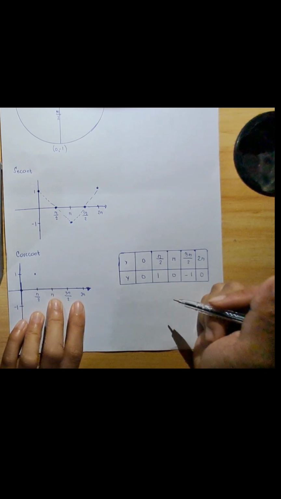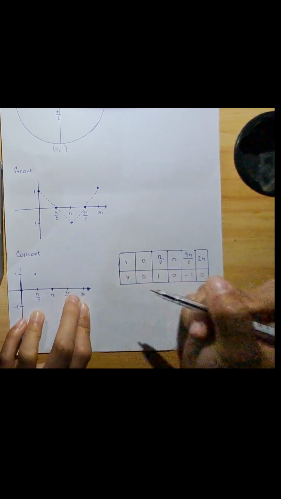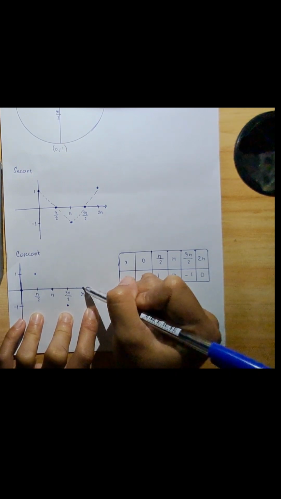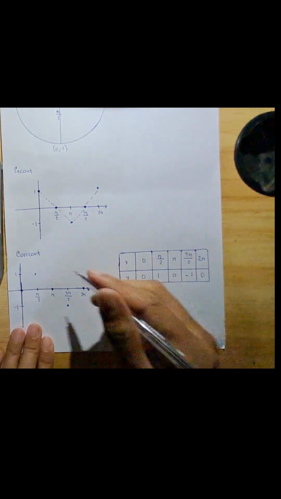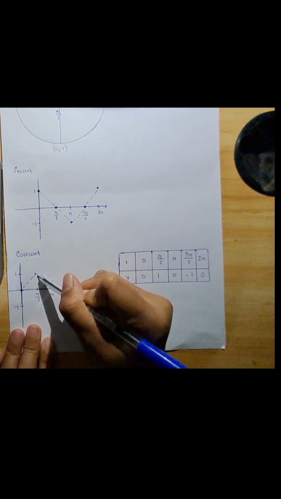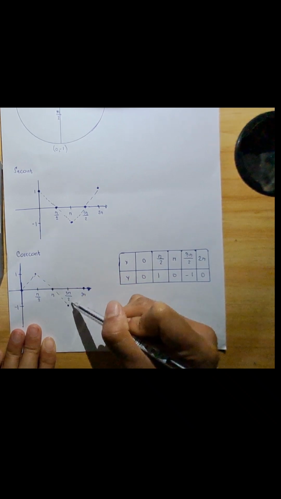At pi it would be 0, so back right here. At 3 pi over 2, we have a negative 1, and at 2 pi, we have a 0 sine. So from here to here, down right here, and up right here.